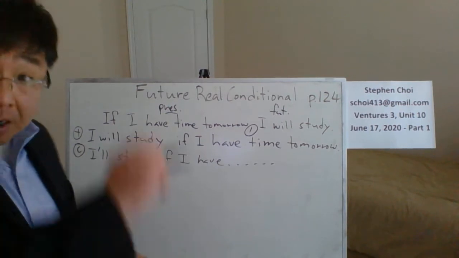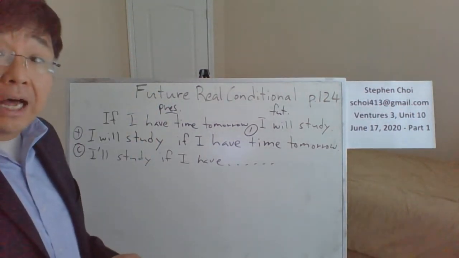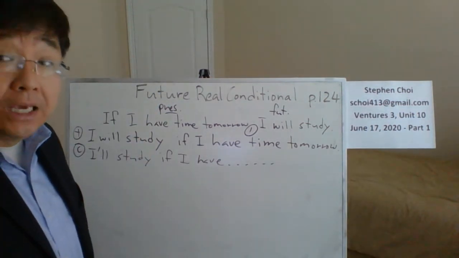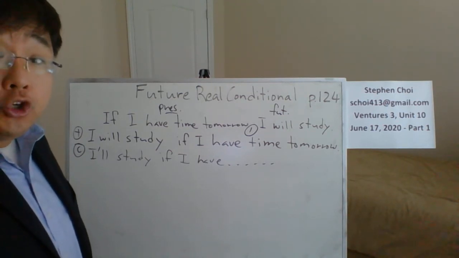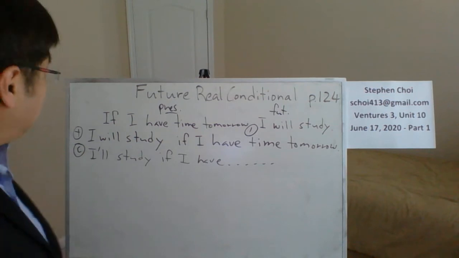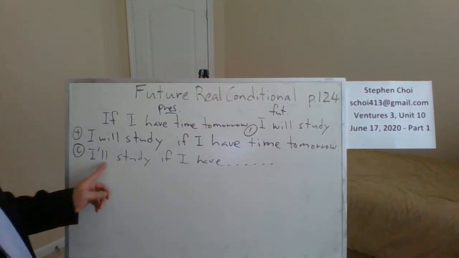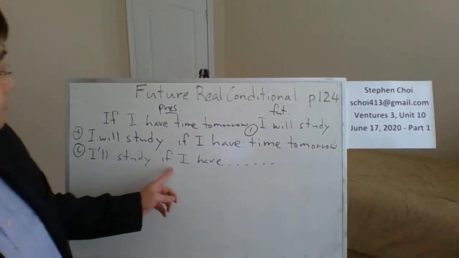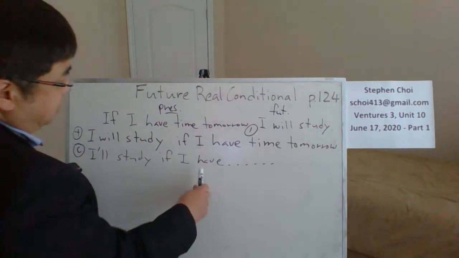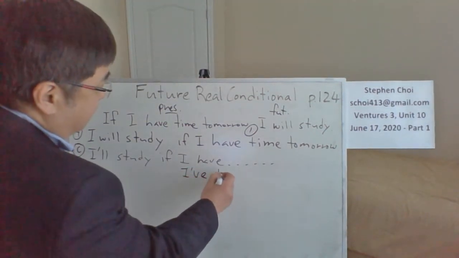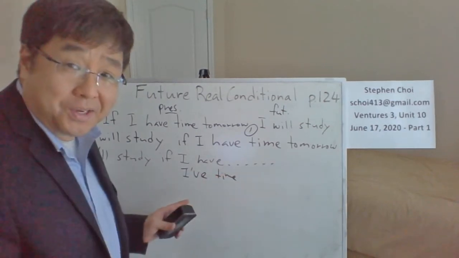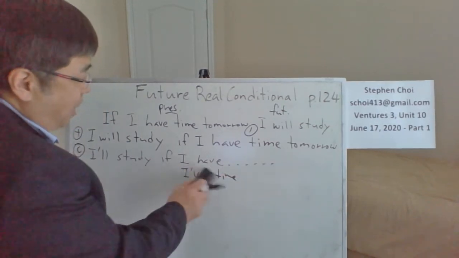Apostrophe LL: I'll, you'll, he'll, she'll, it'll, we'll, you'll, they'll. So that's how you contract the positive. I'll study if I, how about this? Can you contract this? If I've time? No, you don't want to contract that.